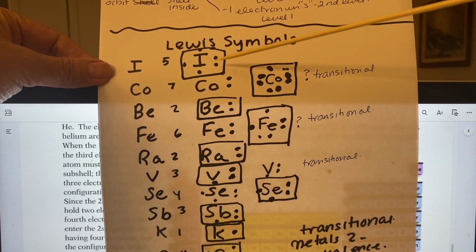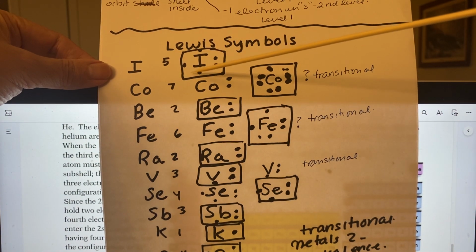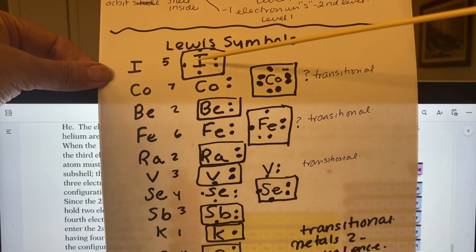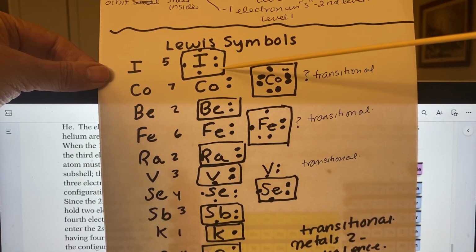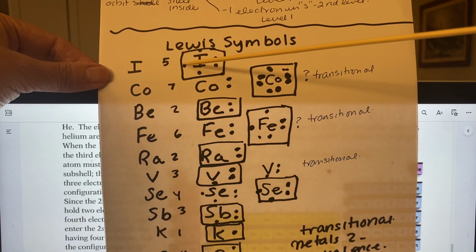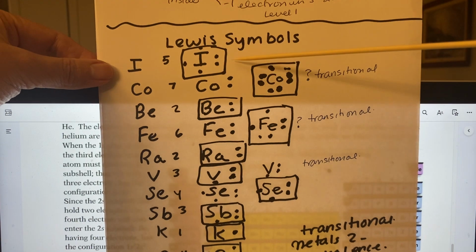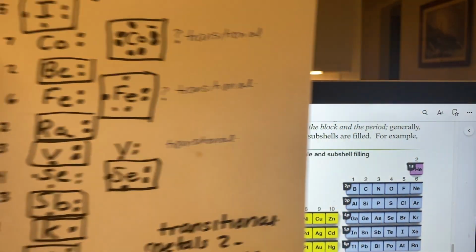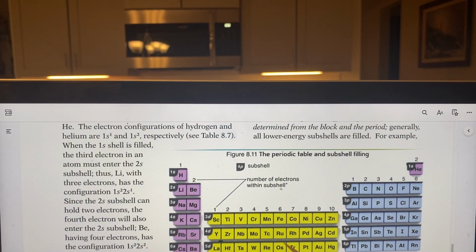So you put 1, 2, 3, and then you skip that next one and put 4 over there. Remember how we did these before? So it would have 4 and then have 5. So 1, 2, 3, and we skip this one and put 4 over here, put 5 over here. So here's iodide.